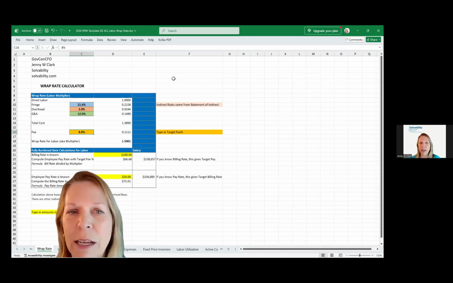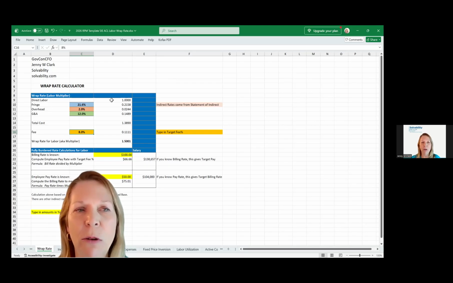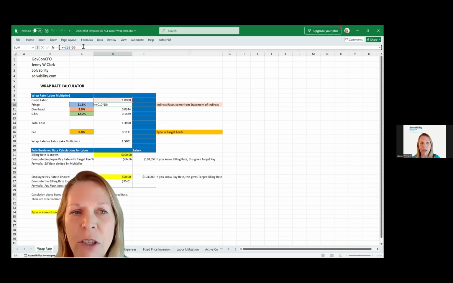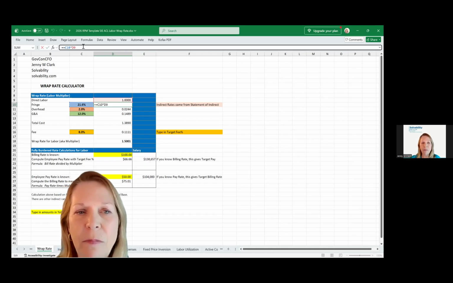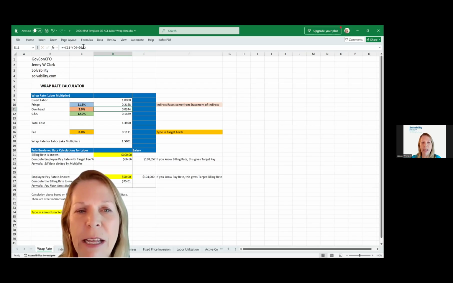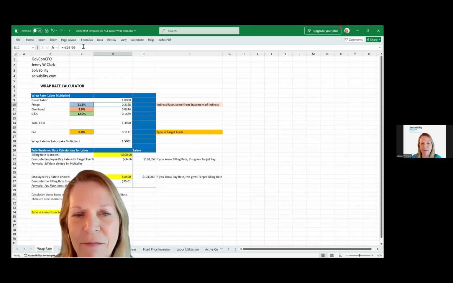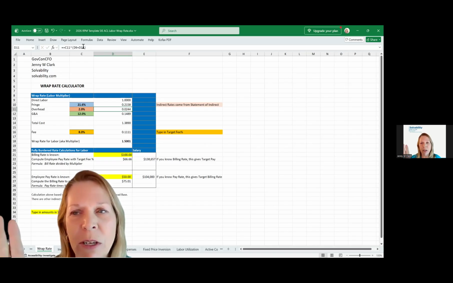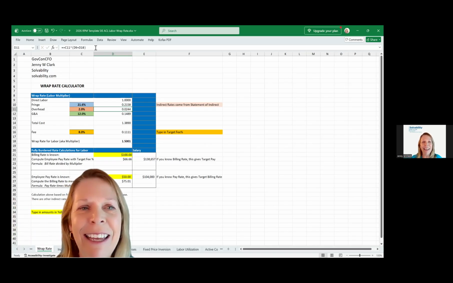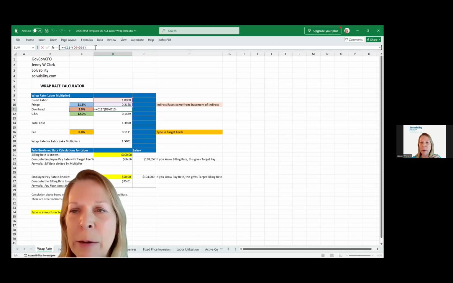So let me just show you inside my spreadsheet. I've got $1 worth of direct labor. My calculation underneath here is direct labor times the fringe benefit percentage of 21.6%. That 21.6% comes out to 0.2158. Overhead, a little trickier, goes on those two elements. It goes on direct labor plus fringe times the 2% for overhead.